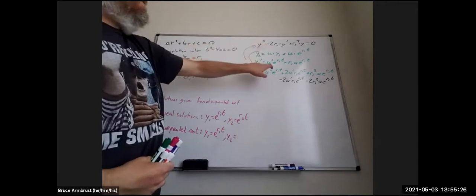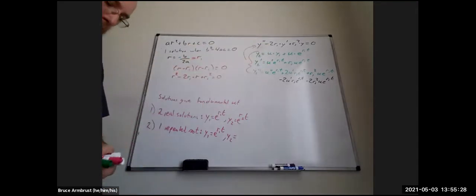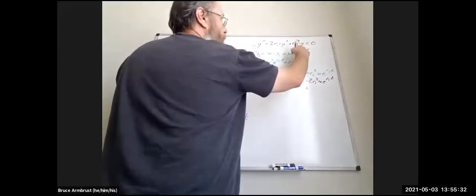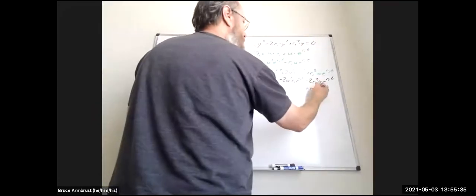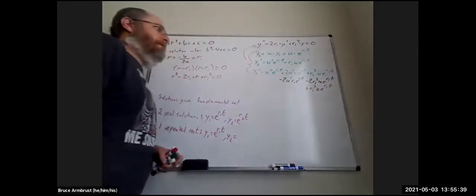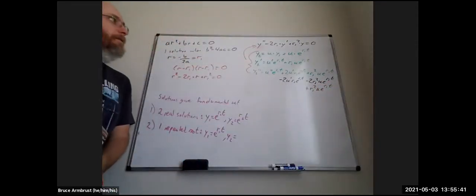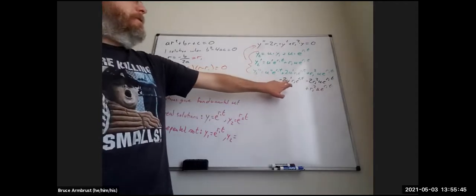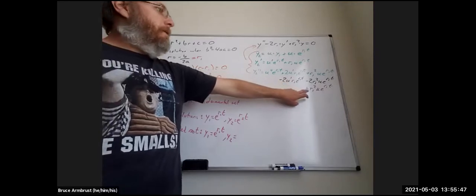Okay, so that's the minus 2 times this. And then I'm going to add to this r1 squared times y2, so r1 squared u e to the r1t. So here's our y double prime minus 2r1 y prime plus r1 squared y.